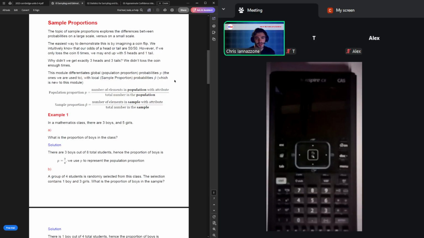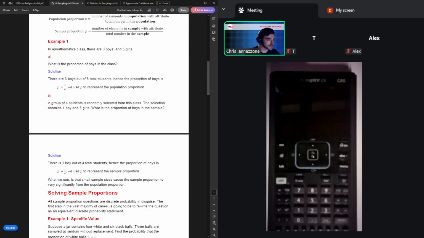It's just how many things have what you want divided by a total number of things. Both of these equations are effectively the same thing. The only thing that's changing is whether you are looking globally across an entire population or locally within a given sample of that population. Which one you're using will depend on whether you're looking at p or p hat here.